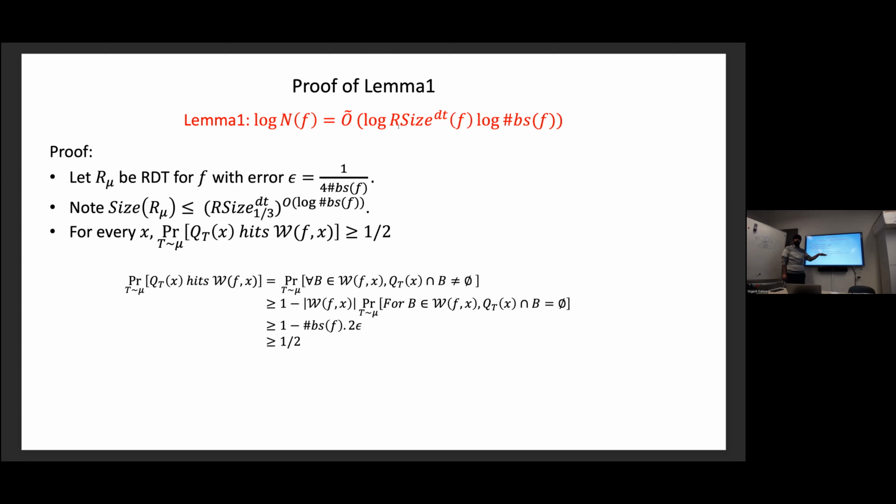Yeah, and this is because we boosted the accuracy to 1 by block number, really high. And there are only block number many things we have to kill. And the probability that we don't kill a thing is less than 2 epsilon. So by union bound, with probability at most 1/2, I'll miss some block. With probability at least 1/2, I'll be able to hit every block.